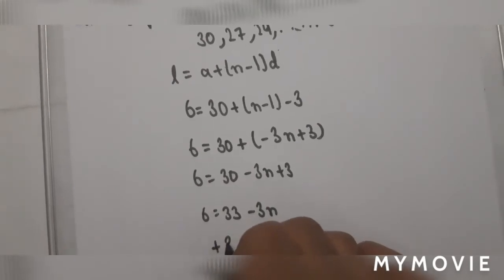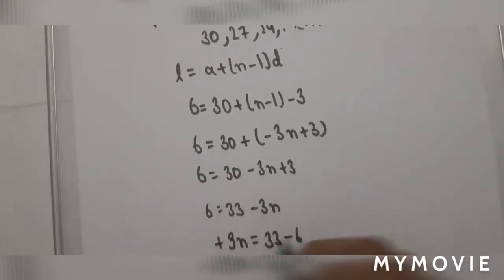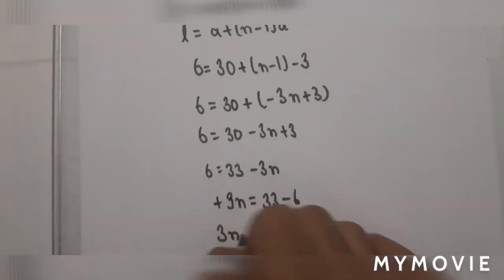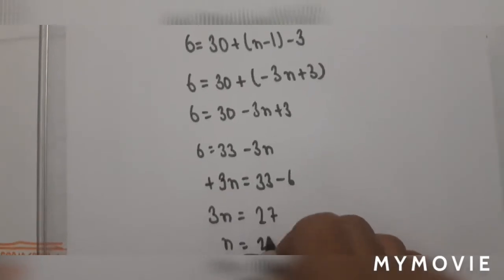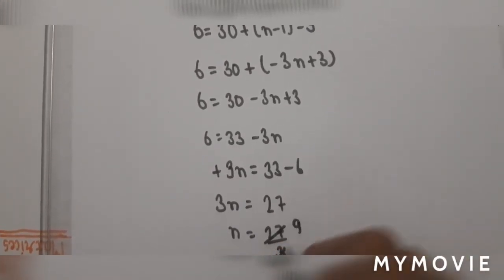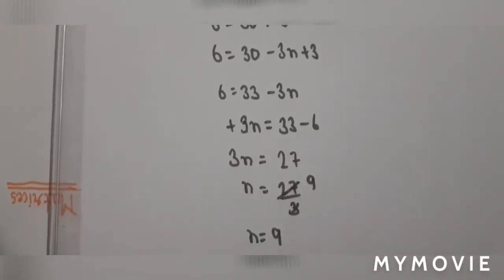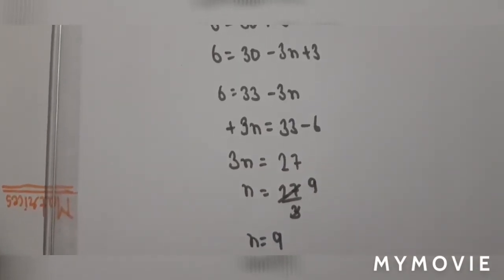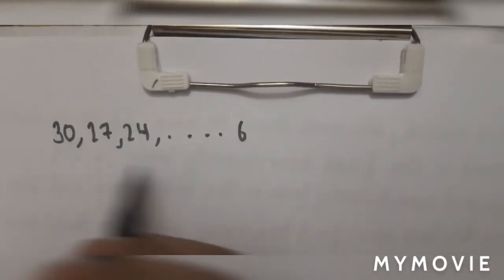So plus 3n is equal to 33 minus 6. So 3n is equal to 27. n is equal to 27 by 3. So n is equal to 9. So friends, we got our number of rows as 9.